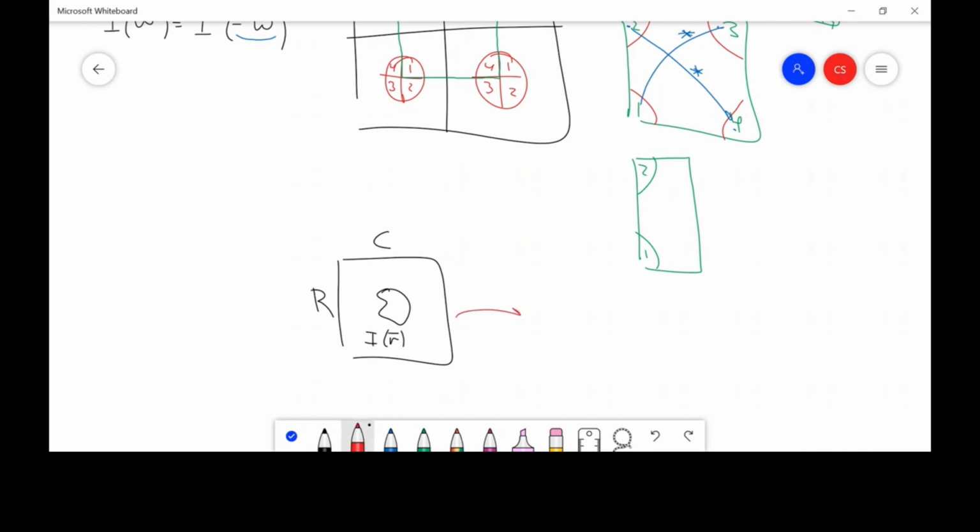What are the valid omegas? So the valid omegas, the k was a vector, and kx could go from 0 to C minus 1, ky from 0 to R minus 1.